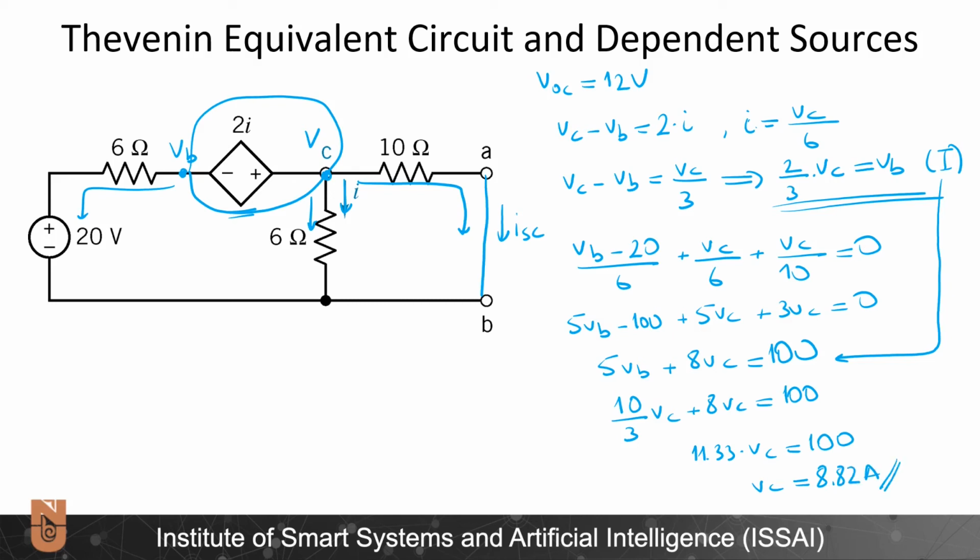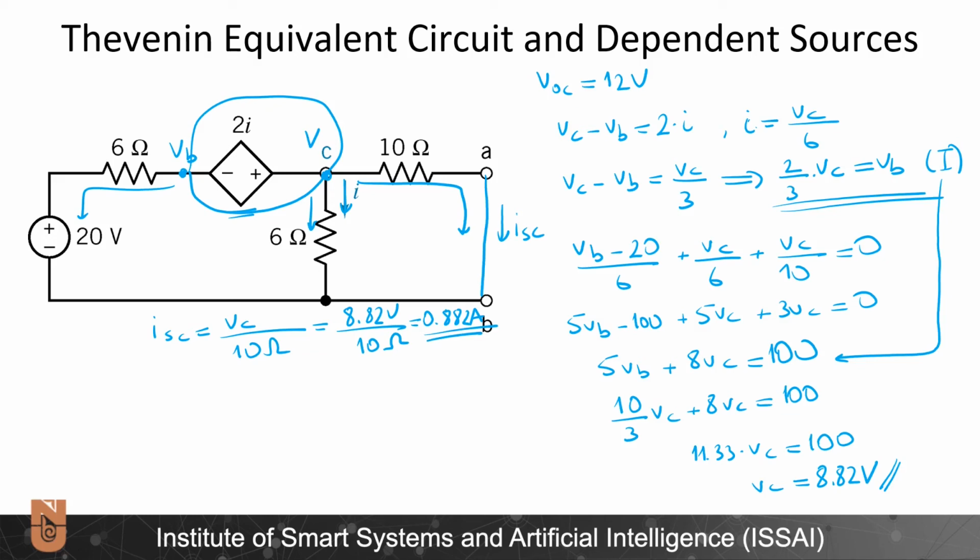If I know VC, I short circuit is VC divided by 10, and this will be equal to, here this is not amperes, this is volts. I made a mistake. 8.82 volts divided by 10 ohms, and it will be 0.882 amperes. So this is how I find the I short circuit.